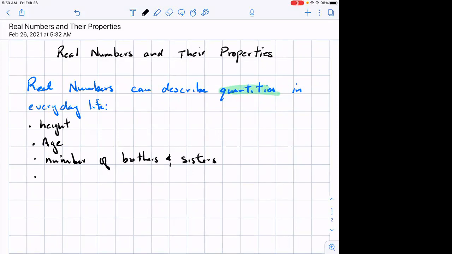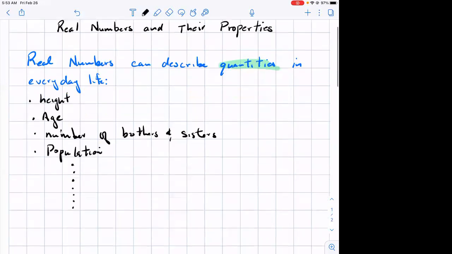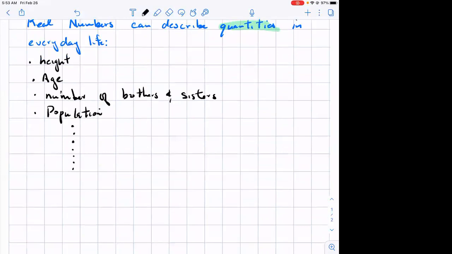And this list goes on and on. Population. And as I said, the list goes on and on. There are so many different things we can measure with real numbers.